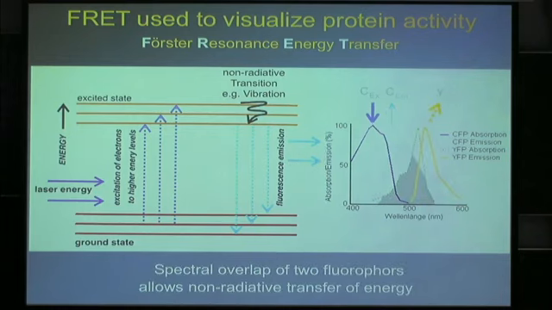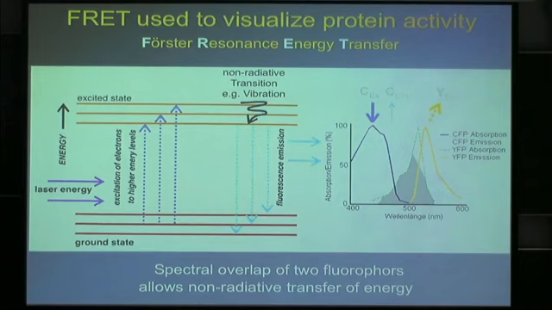If an acceptor protein with a proper spectral overlap is in close proximity, this energy can be transferred by so-called dipole-dipole interactions, which then leads to the emission of fluorescence from the acceptor protein. So this is FRET.